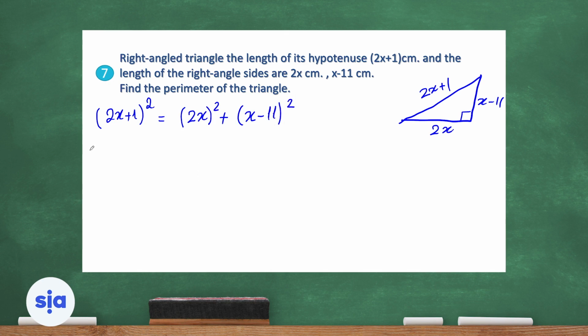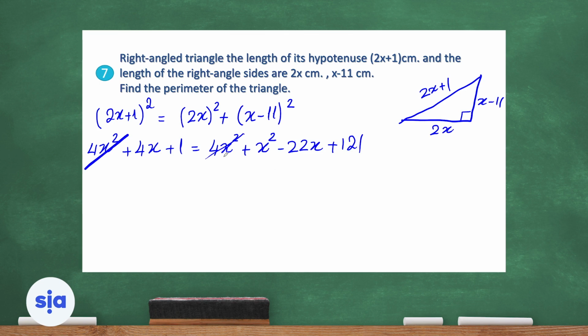How can we expand these brackets? 4x squared plus 4x plus 1 equals 4x squared plus x squared minus 22x plus 121.